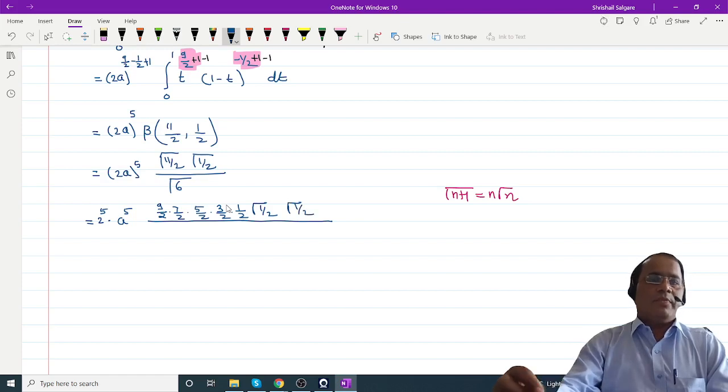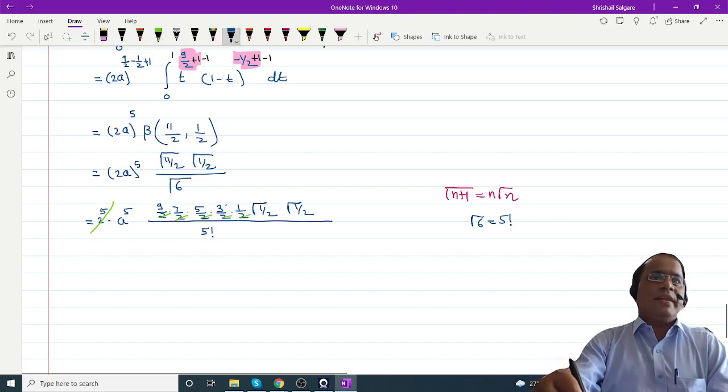The second gamma of 1 by 2 as it is, and gamma of 6 is nothing but 5 factorial. So that 5 factorial I will write as it is. Okay. Now this 2 raised to 5 I will cancel with 1, 2, 3, 4 and 5.